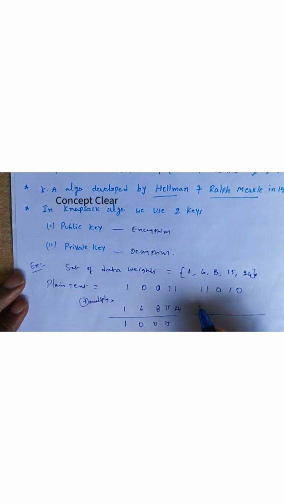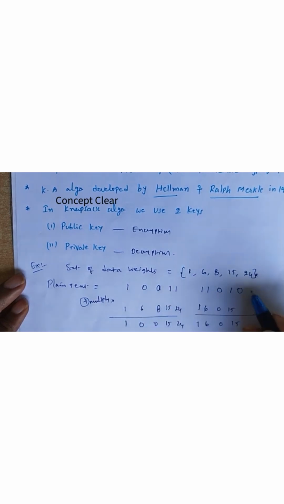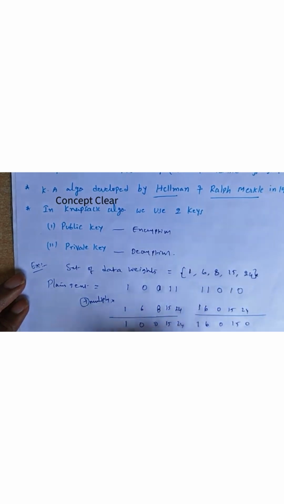And what about the second set? We get 1, 6, 0, 15, 0. So what is the value if you add all of this? The ciphertext is 1 plus 15 plus 24, which equals 40.